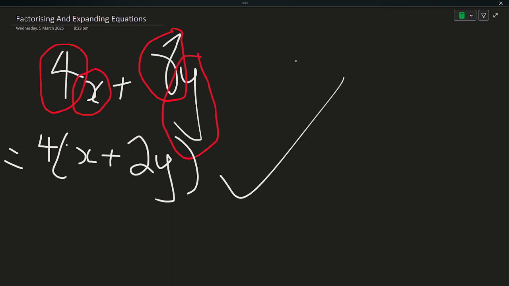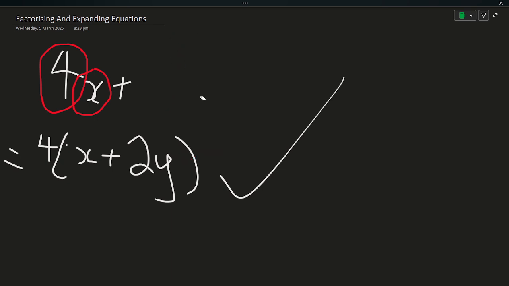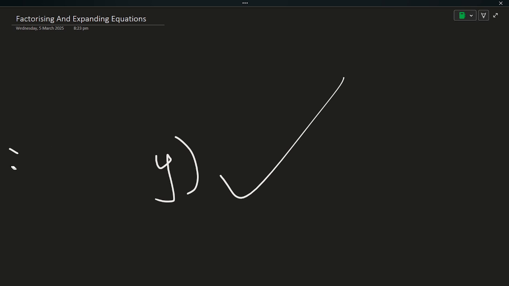So yep, continuing on from there, let me add some more questions, probably some harder questions on factorization. Yep, it doesn't seem like a bad idea right now.